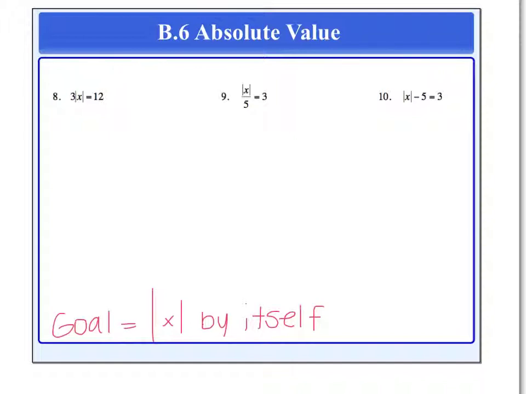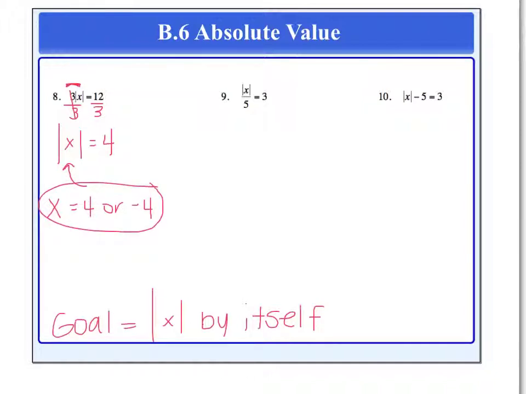So in order to do that over here, I see that it's connected to a 3 by multiplication. To undo that, I'm going to divide by 3, and I'm going to get the absolute value of x equals 4. So then we have to decide, what numbers could I plug in for x that have a distance away from 0 of 4? I could say x equals 4, or x equals negative 4. Those are my two solutions.